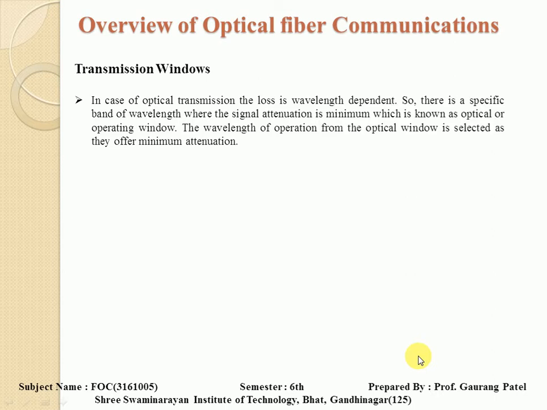So the band of wavelength for which the signal attenuation or loss is minimum is basically known as an operating window or transmission window. And while designing an optical link, we must select the wavelength band for which the signal attenuation is minimum.